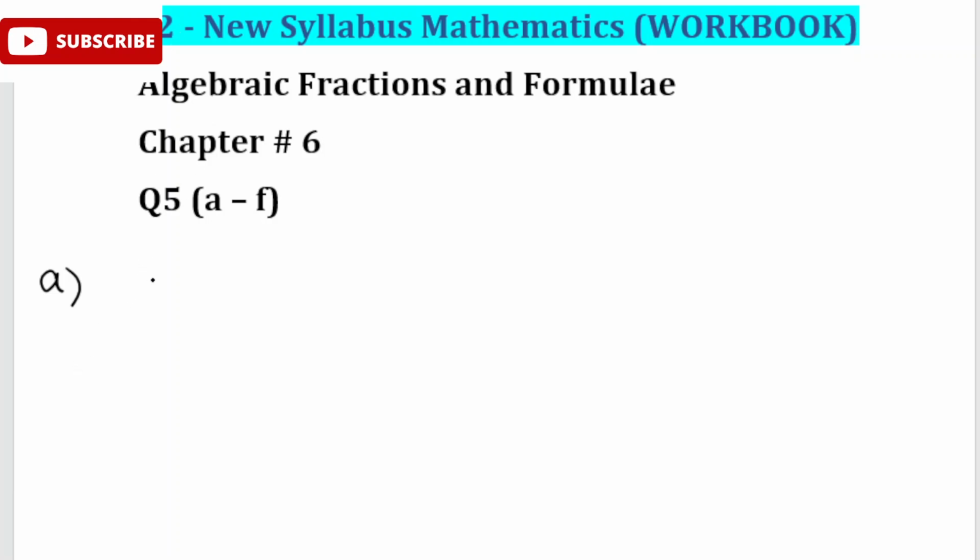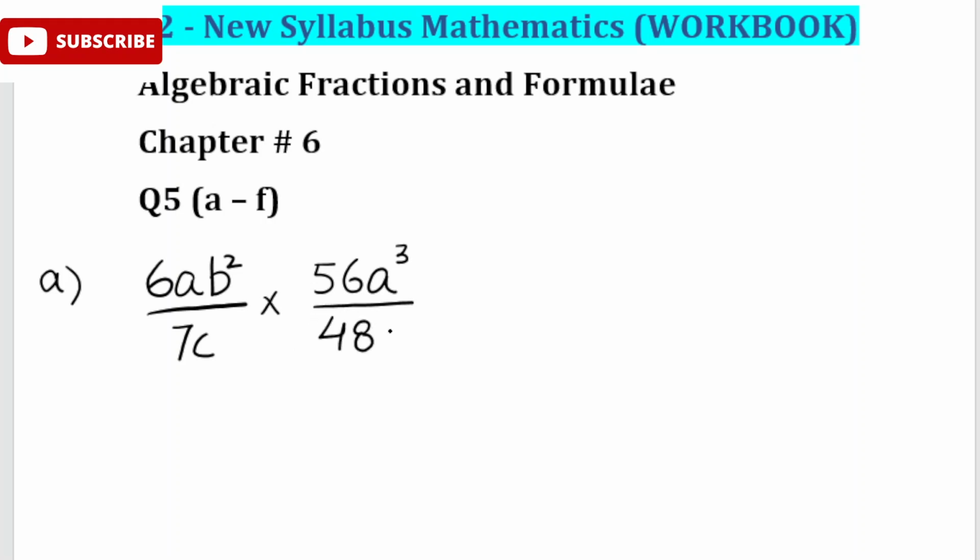It is 6ab square by 7c, multiplication sign after that, 56a cube by 48bc. This is the question.